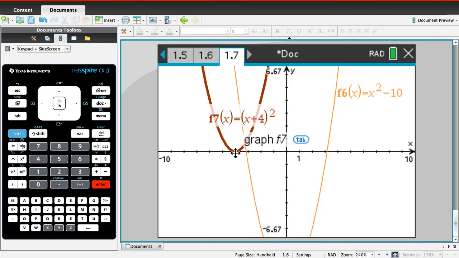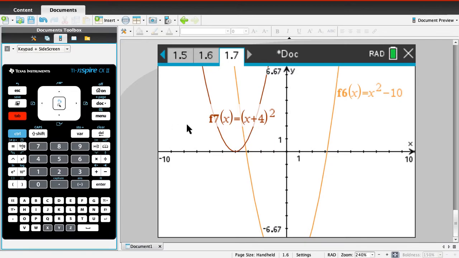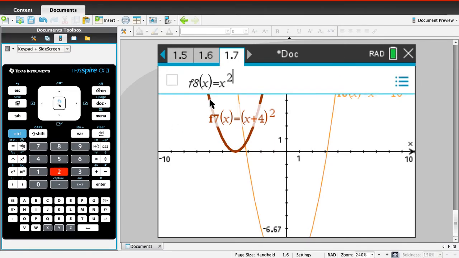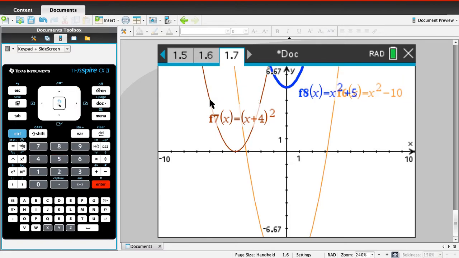The one in red, 1 solution. It only touches the x-axis 1 time. Let's do another one. Notice the blue graph is way up there, and it does not touch the x-axis at all.